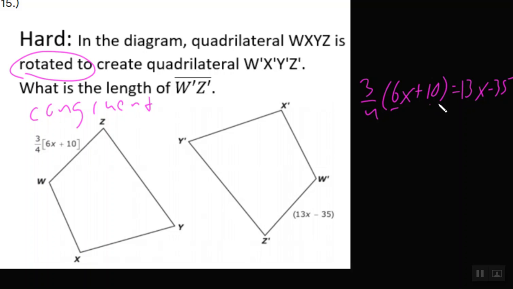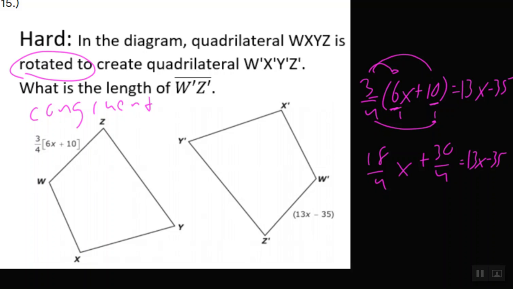So I'm going to do the fraction multiplication with y'all by first taking the 6 and the 10 and putting them over 1. Now when I multiply 3/4 by 6 over 1, 3 times 6, or top times top, is 18 over 4x. And over here, 3 times 10 is plus 30 over 4 times 1 is 4. And of course that equals 13x minus 35.